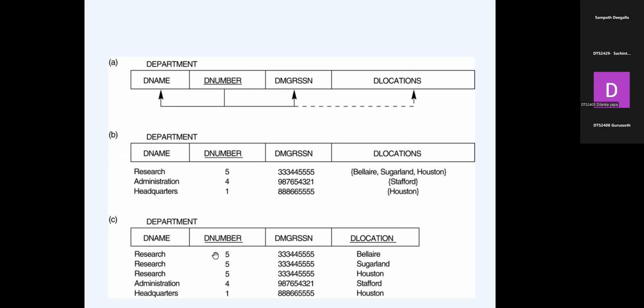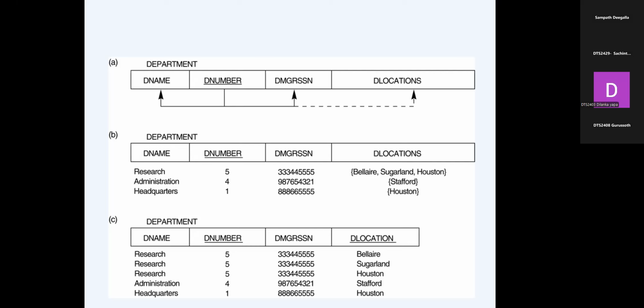That means you have to repeat the other values. Now, to make it unique, you have to create a primary key by combining department number and department location together, because you cannot take department number alone, as then you have repeated values. It should be unique. So you have to combine both department number and department location. Now this relation, we can say, is in first normal form.